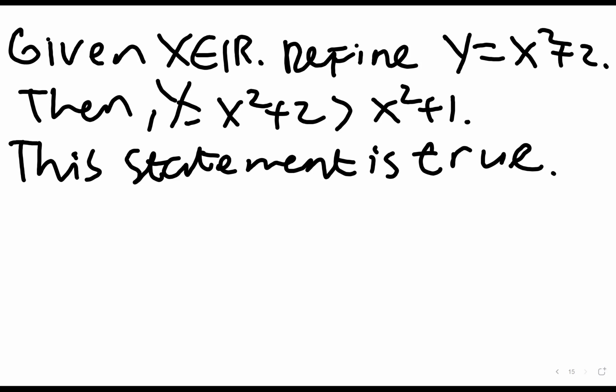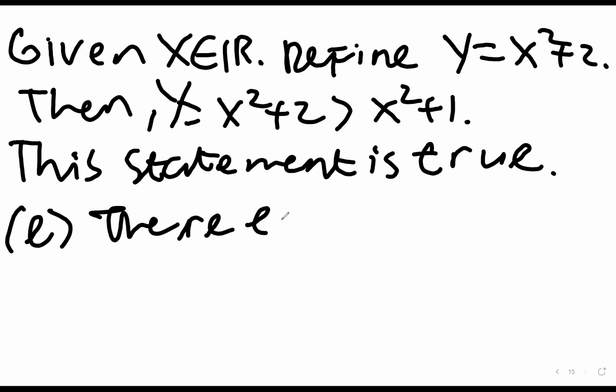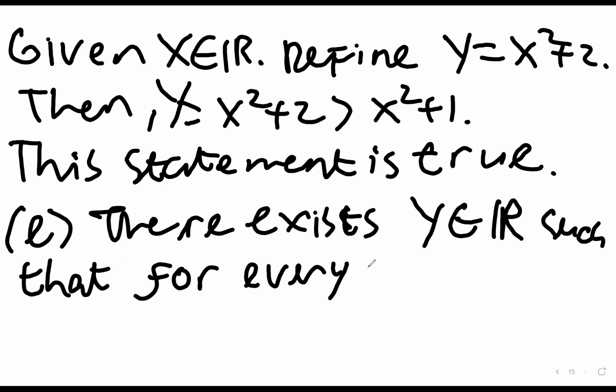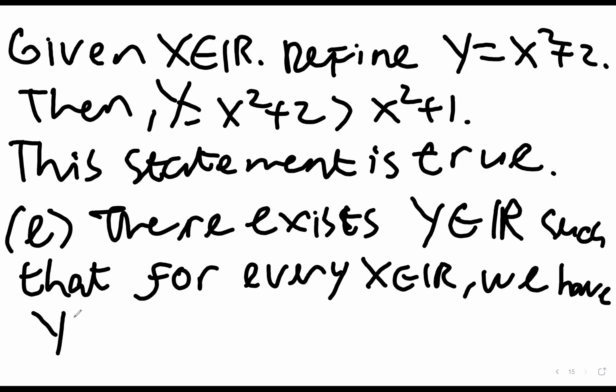Number 3e: there exists a real number y such that for every real number x, we have the same inequality, y greater than x squared plus 1.